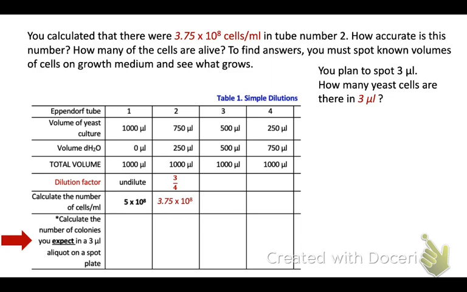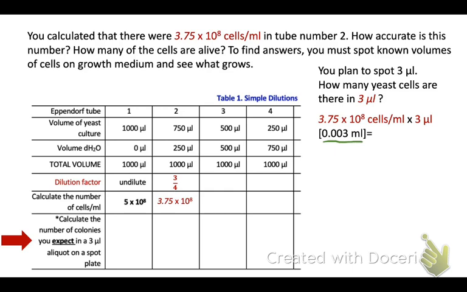So now we're going to spot 3 microliters. We actually have a culture in which we've got it listed as per mil, so a microliter is only 1/1000th of a mil. So we're going to factor that in. So now we've got 3.75 times 10 to the 8 cells per mil times 3 microliters, but that's actually equivalent to saying 0.003 mils.